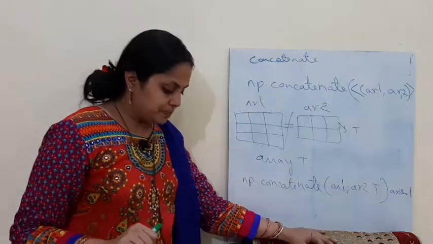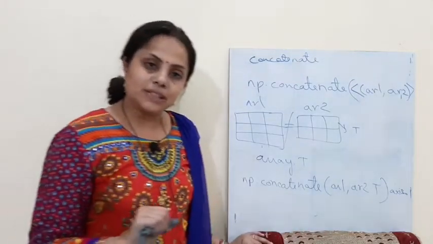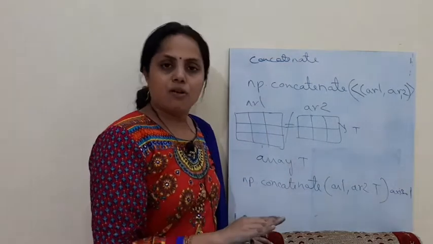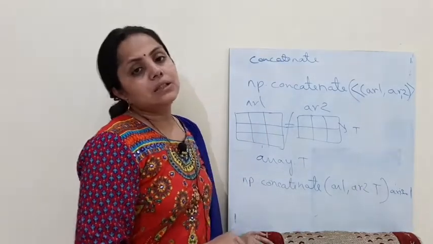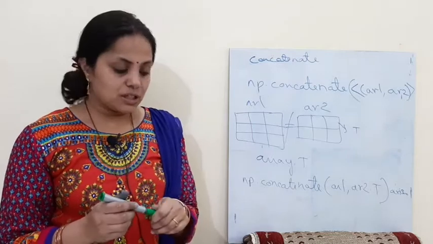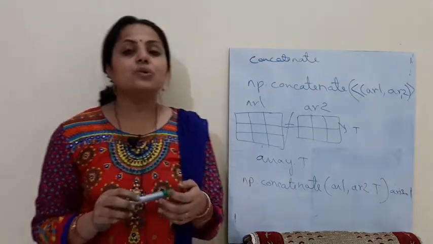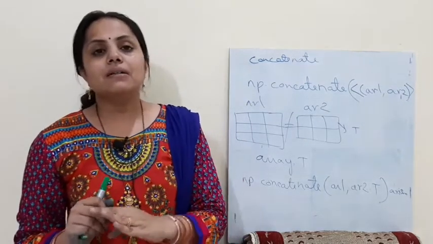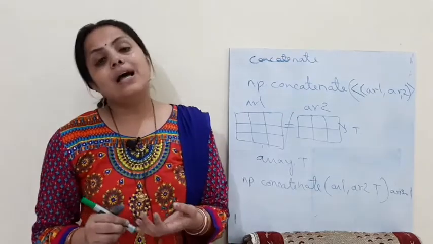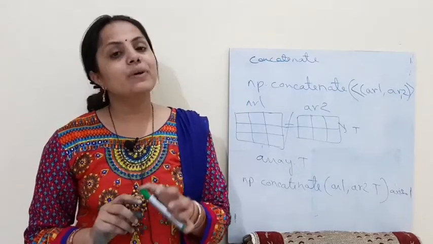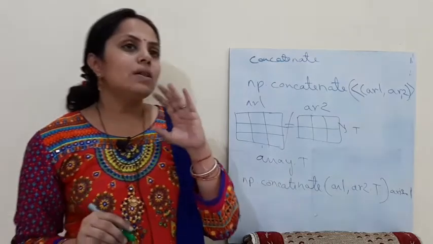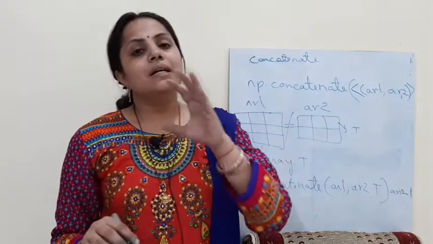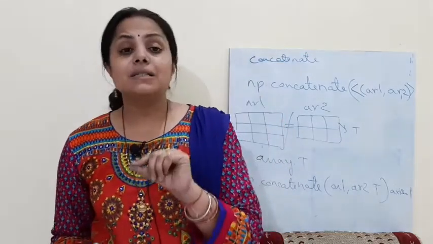I hope it is. If not, please go through the chapter after this. This is all about concatenation. Another topic is arithmetical operations. Arithmetical operations on 2D arrays can be done with scalar values as well as arrays. When I am doing it with scalar values, the constant value will apply on all elements of the array.